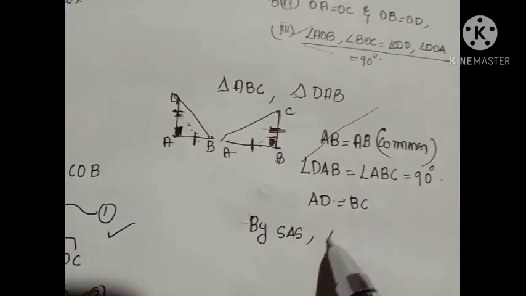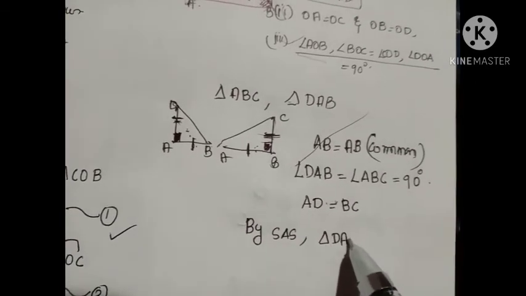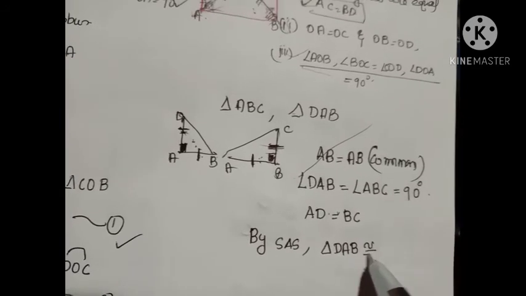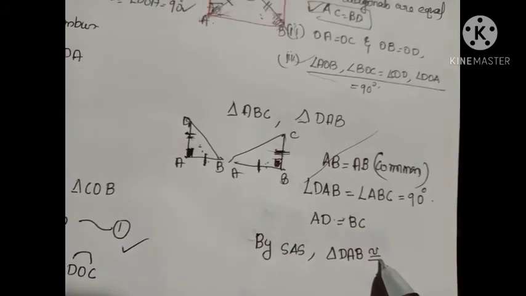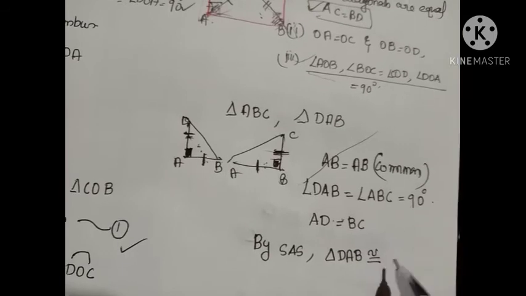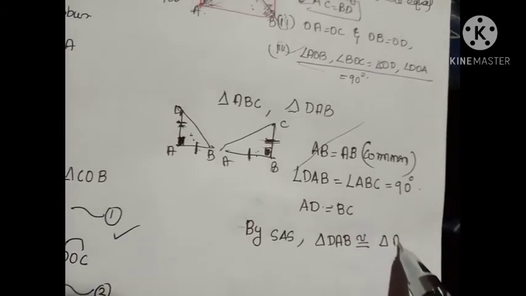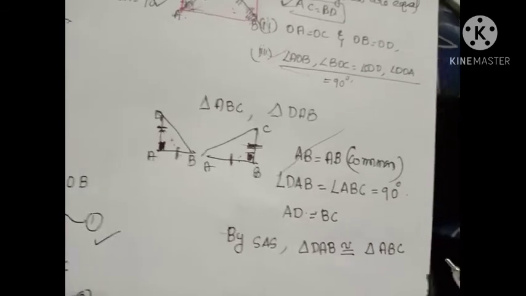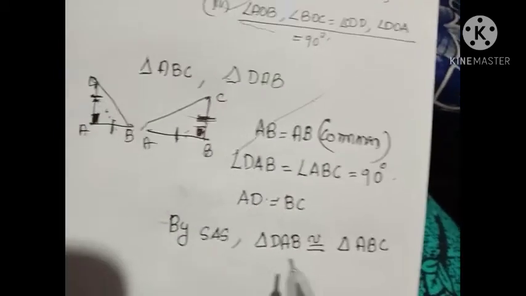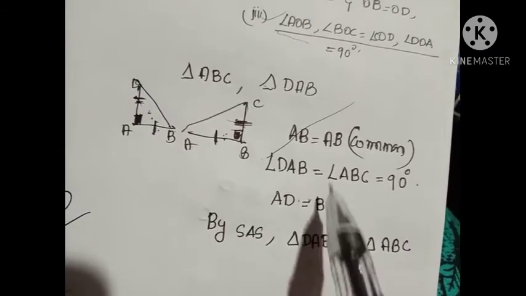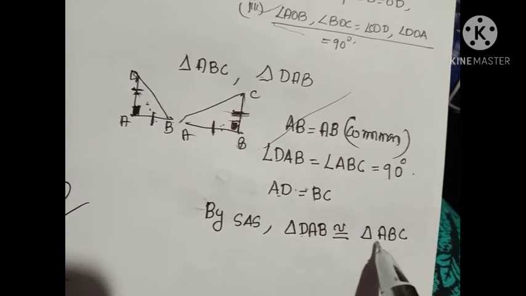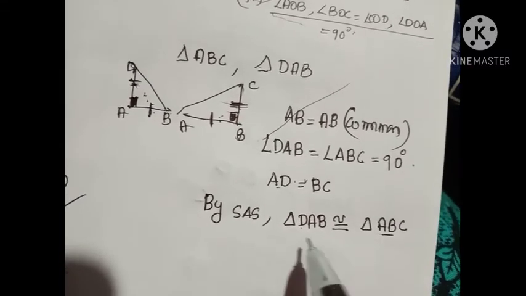So what are the triangles? Triangle DAB is congruent to, okay, DAB is congruent to triangle, see the order, DAB, ABC. Now check, is it correct or not? AD equal to BC. Okay, it is wrong.